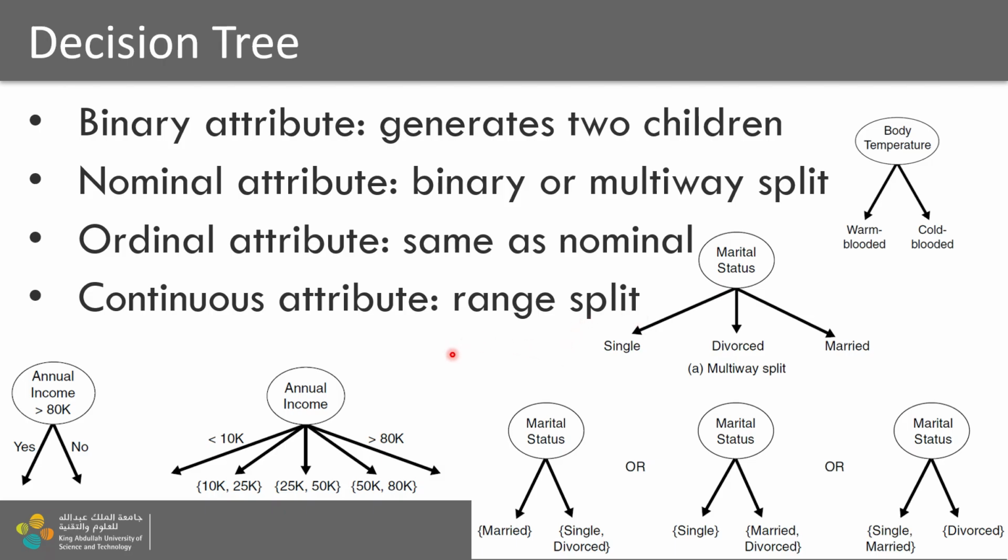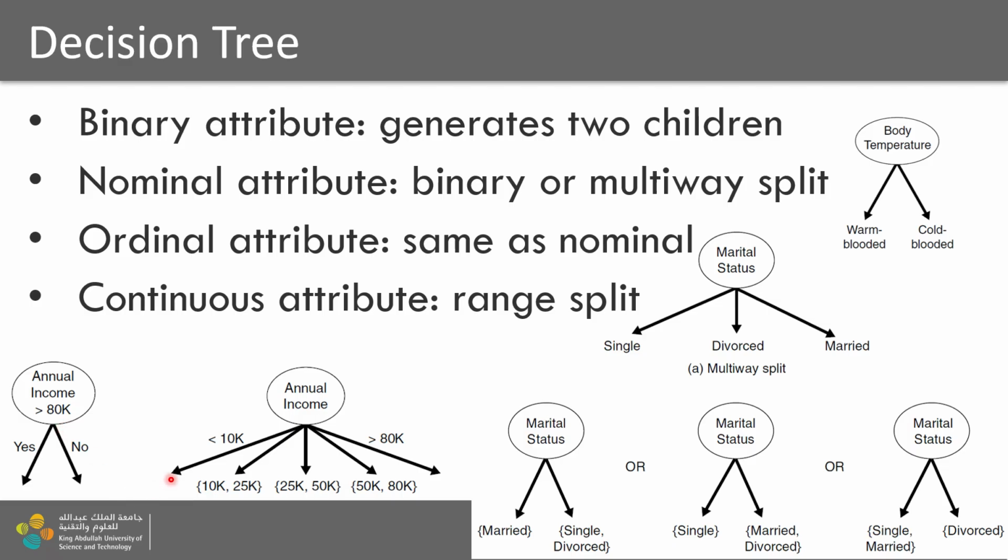Let's have a look at what split strategies we can have for the continuous variable. A continuous variable has multiple possibilities, because we have a continuous interval on which we can find a split. We can find a binary split, for example here an annual income of less or more than 80K.